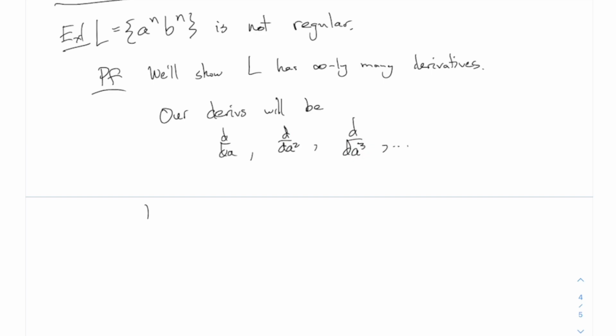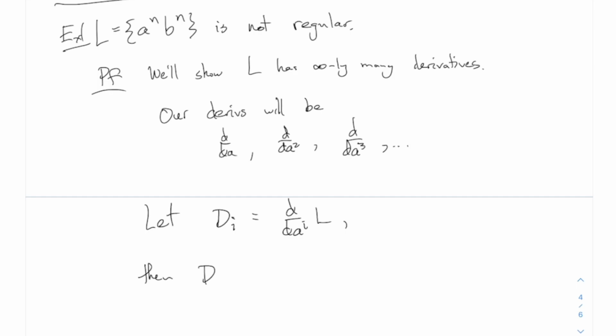But anyway, I'm going to say in general, let D_i be the derivative with respect to a to the i of L. And these are going to be a bunch of different languages, right? So D1 is the derivative with respect to a. D2 is the derivative with respect to a squared, and so on.